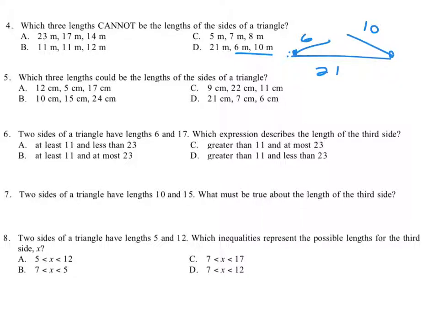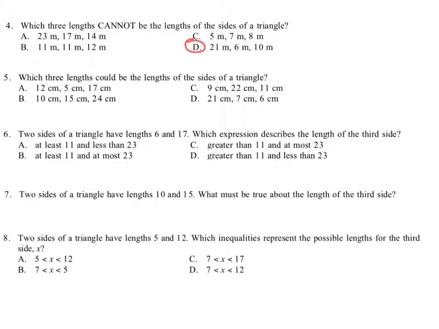They wouldn't have enough length between them to reach the distance of 21. So it can't be D. So D can't be a possible set of side lengths, and so we'll mark that as D.